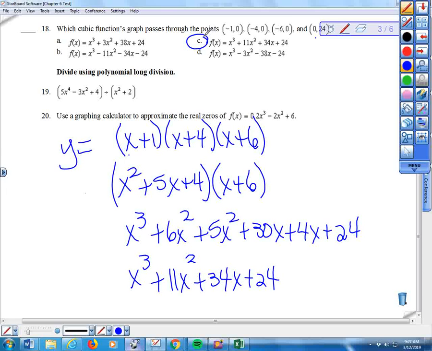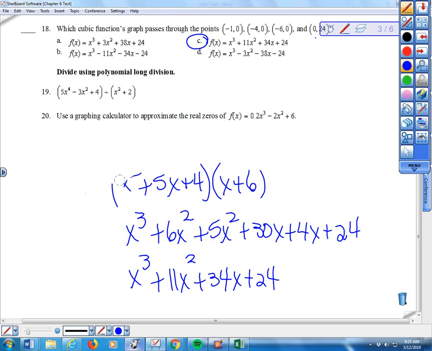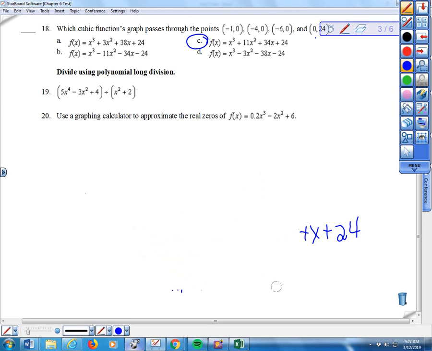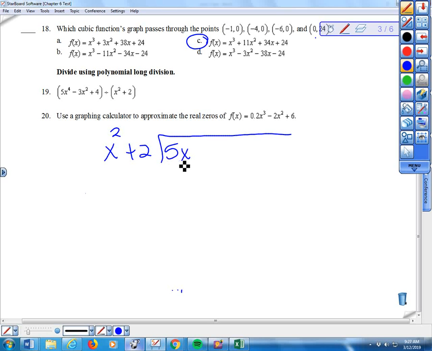All right. Divide using polynomial long division. X squared plus 2, into 5x to the 4th, plus 0x cubed, minus 3x squared, plus 0x, plus 4.